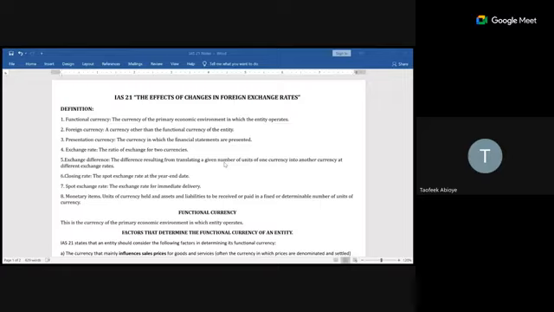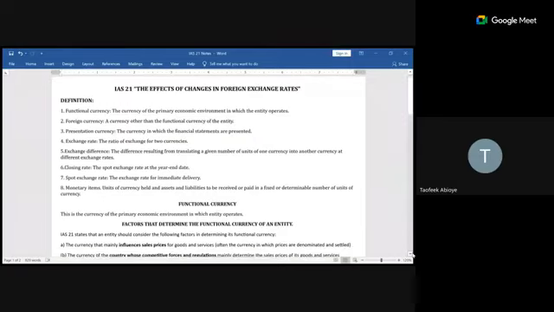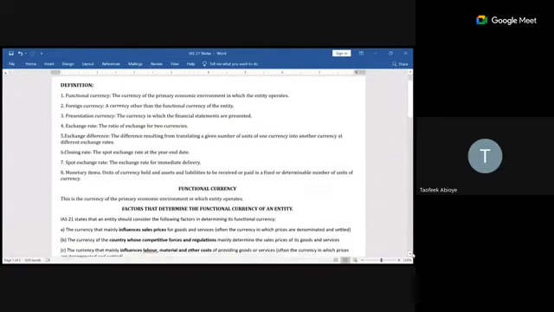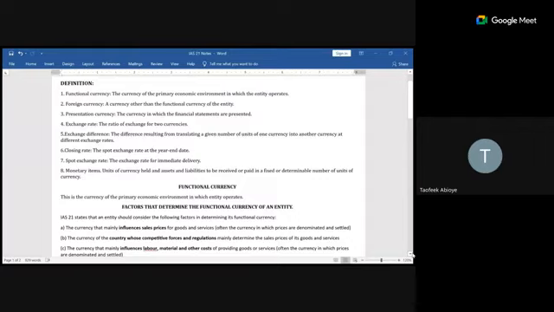Let's move on. So functional currency, please let's move to the functional currency. And when we are talking about IAS 21, one of the most important things we need to take note of is this functional currency.